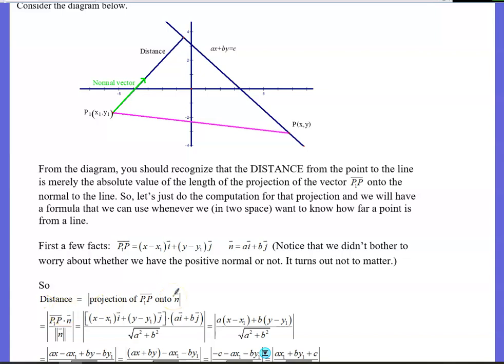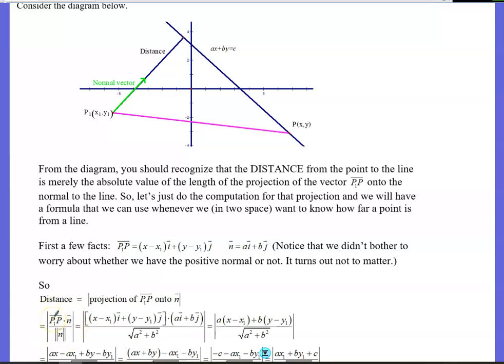Well, let's go back to what we know about the projection. So the projection of this guy onto the normal vector, if you remember, is going to be the dot product of the two vectors, pink, green, the dot product of those over the magnitude of the one that you're projecting onto, right? We did this earlier in the video, okay?